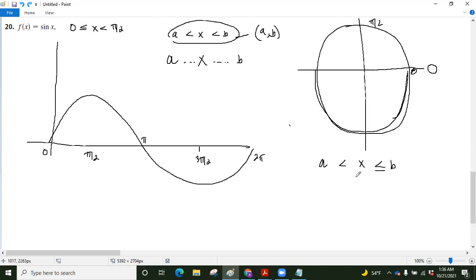So if I said -2 less than or equal to x less than 3, that would just mean that I'm taking -2 and I'm including it, but the 3 I'm not including, so it's just open.